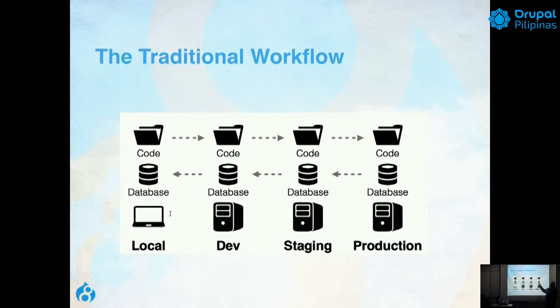Because your content is always updated on live, you probably do a MySQL dump from your production, copy that dump file to your staging, and from your staging you restore the database using the latest dump. The same is true for dev, and then you copy it to your local machine so that you get the updated version. I don't know if you can imagine the intricacies of setting that up.